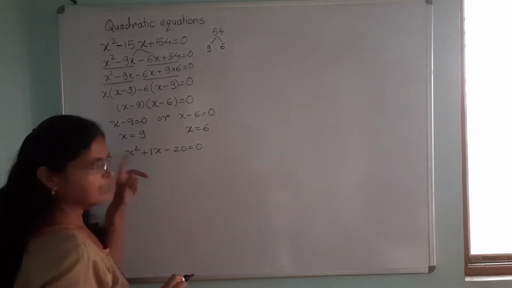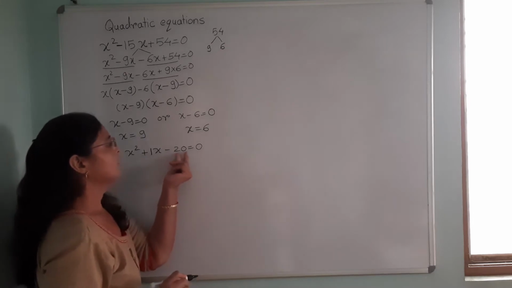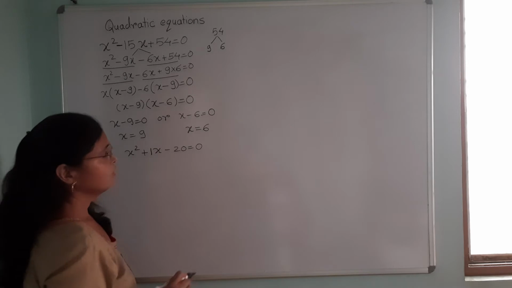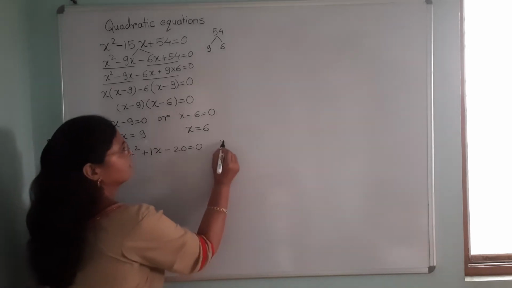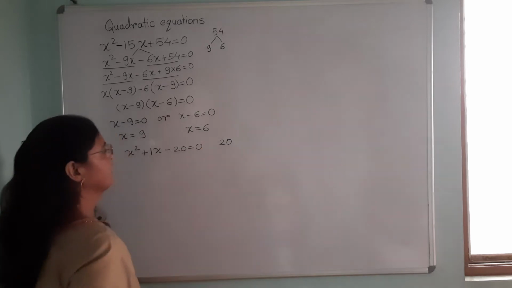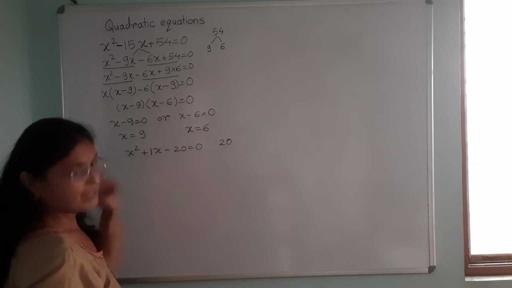Nothing is written, that means the coefficient is 1. The last term is 20 and it has a minus sign. So we have to find two factors of 20 such that their product is 20 and their subtraction is 1.